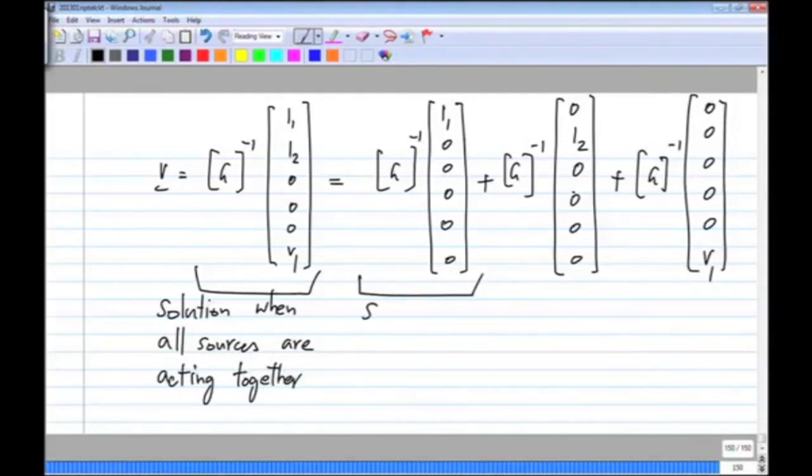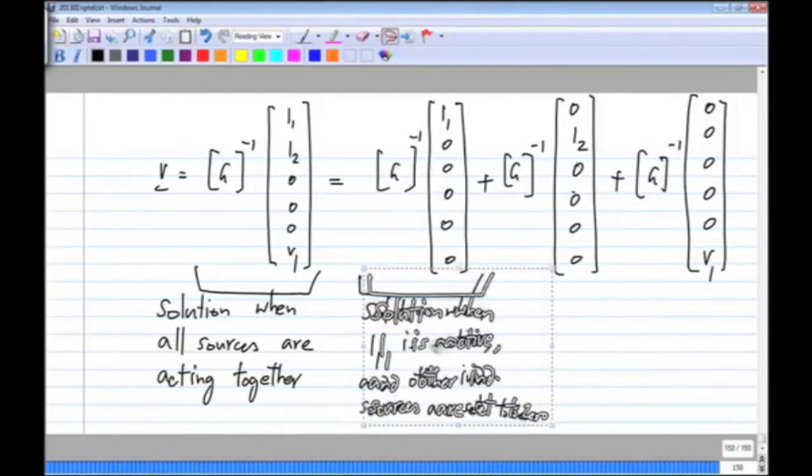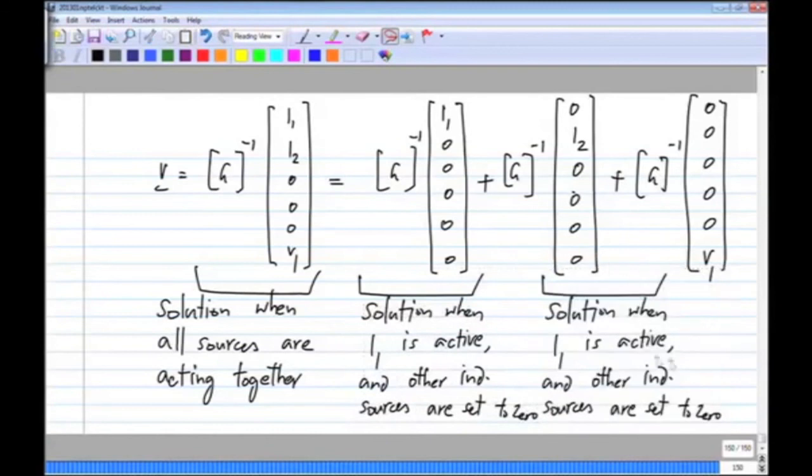Now this is the solution when I1 is active and other independent sources are set to 0. Similarly, the second one is when I2 is active and other independent sources are set to 0, and this finally is when only V1 is active and other independent sources are set to 0.